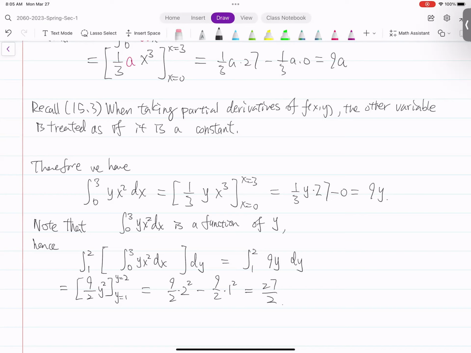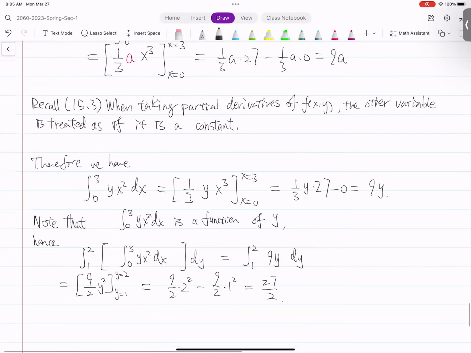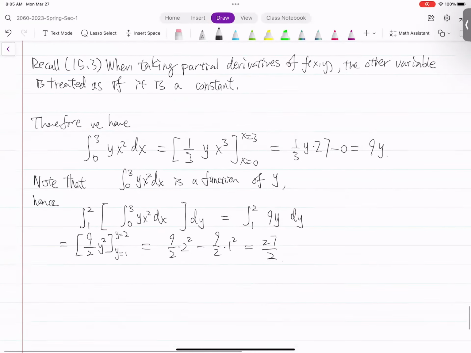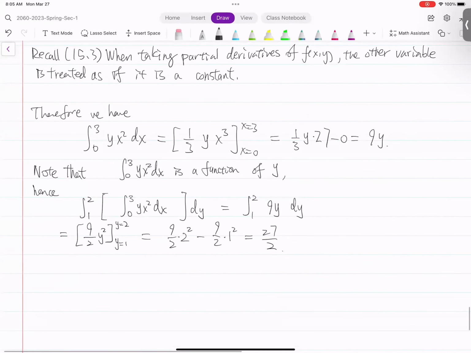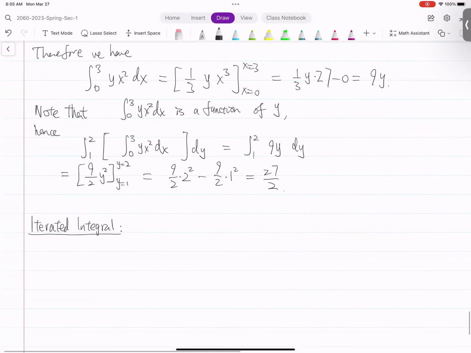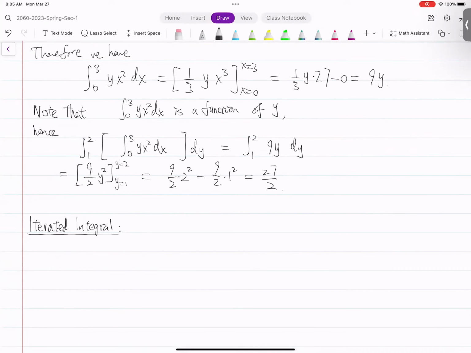So this is an explicit example of how we calculate the iterated integral. But this is a relatively simple function. To be a little more specific, there will be a double integral with the 2 variables.